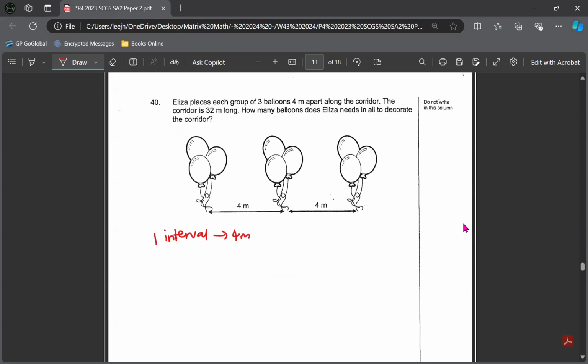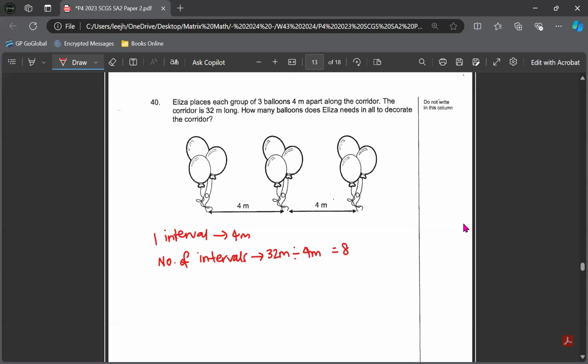If the total corridor is 32 meters long, we need to know how many intervals there would be. So you need to find the number of intervals by taking the total distance, 32 meters, divide by the distance for one interval. You will have 8 intervals.